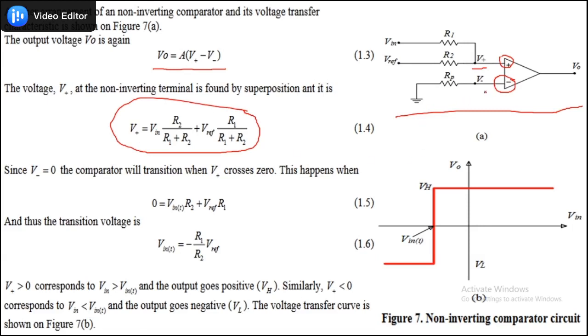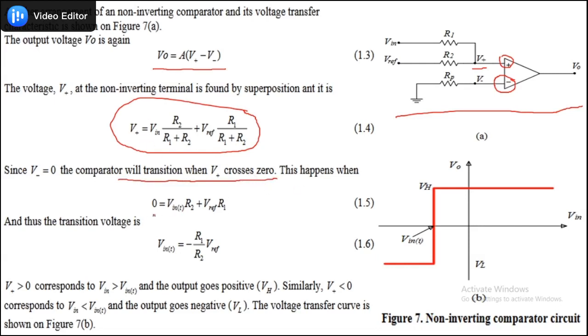As we have seen, this inverting terminal is connected to the ground. So by the virtual ground concept, this V minus will be equal to V plus, which is nothing but equal to 0. So the transition of this comparator will take place when V plus, which is this value, crosses 0.